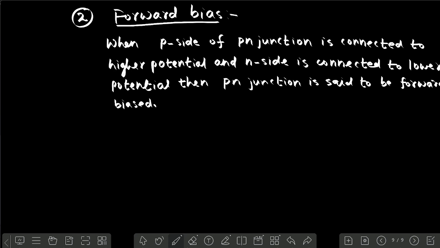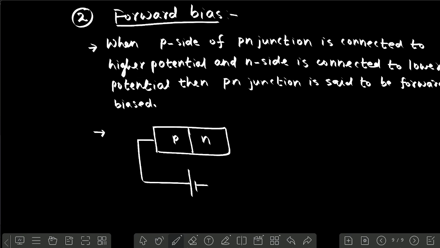Write down. Here is how the forward bias condition looks: your P side, your N side. Here connected to high potential, here connected to low potential. With one battery connection, the positive terminal of the battery is at high potential and the negative terminal at low potential. So the P side is connected to high and the N side to low.